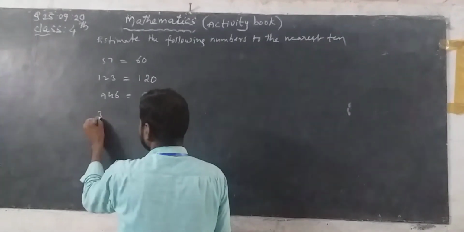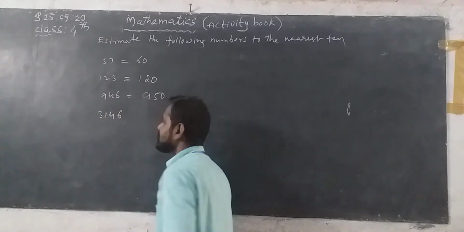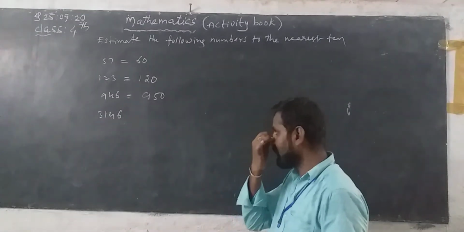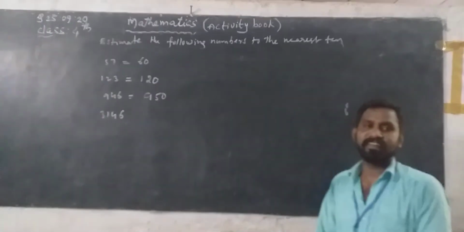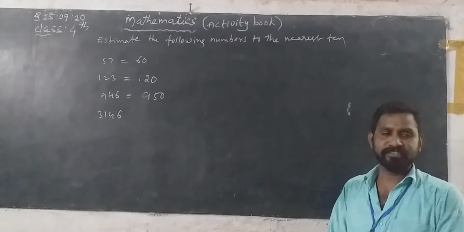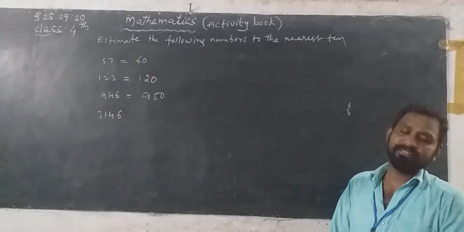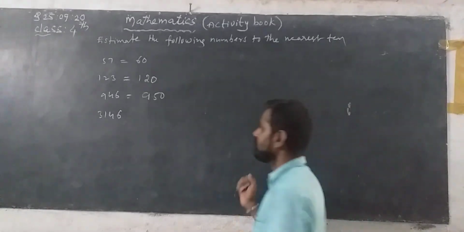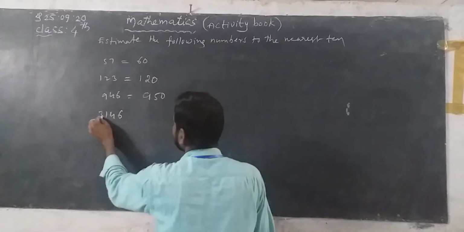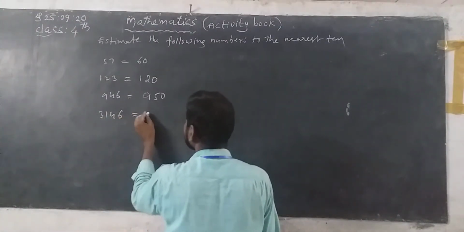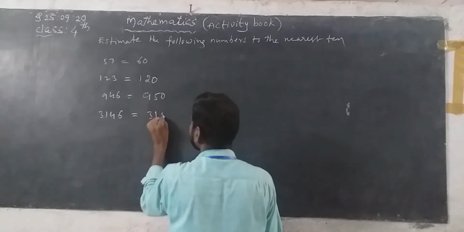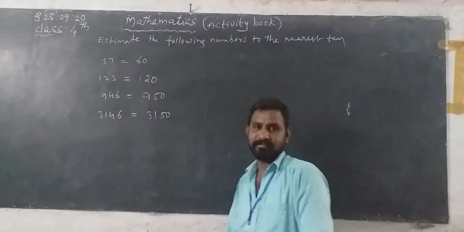Now next, 3146. 3146 lies between 3140 and 3150. So 6 is greater than 5. So the rounded off 3146 is 3150. Did you understand?